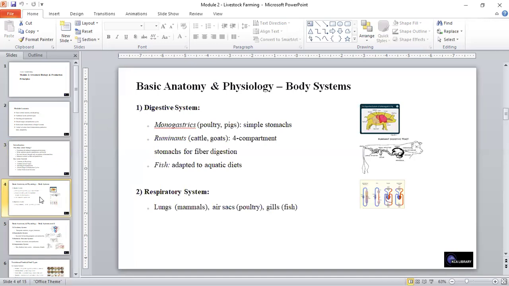So we'll move to the basic anatomy and physiology. The body systems of animals, majorly the livestock animals. Number one is the digestive system. The digestive system is the means by which food is converted to meet the nutrient requirements of the body and to nourish the body system.